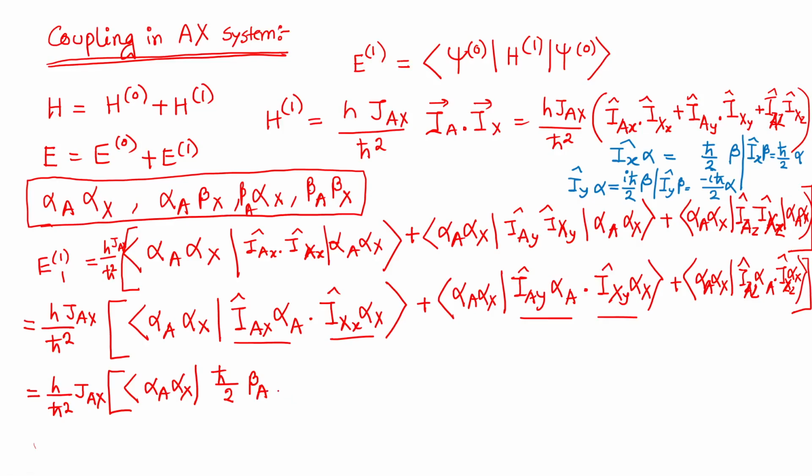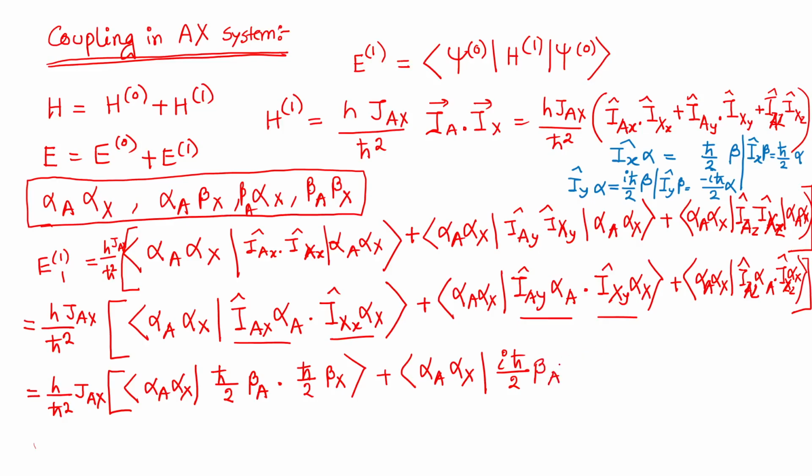And the next one is going to be H cut by 2 beta X, beta X. Then here, alpha A, alpha X: Iy is operating on alpha, so i H cut by 2 beta A, right?